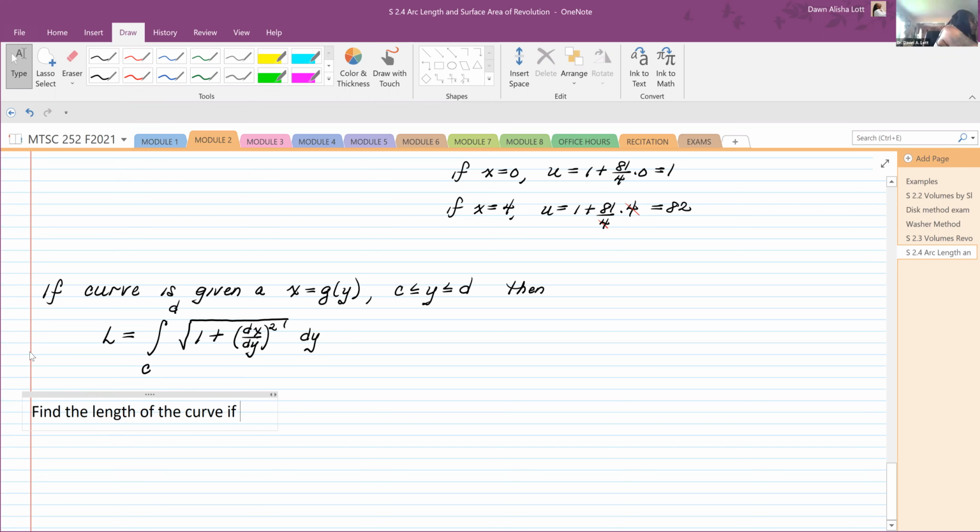The curve is given to you as y is equal to 1/3 times x squared plus 2, to the 3/2 power, on the interval 0 less than x less than 4.